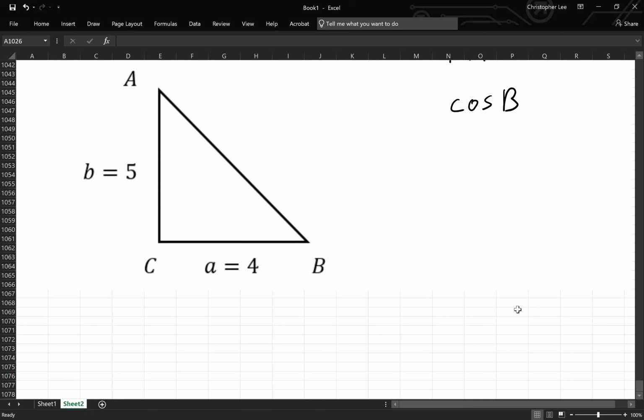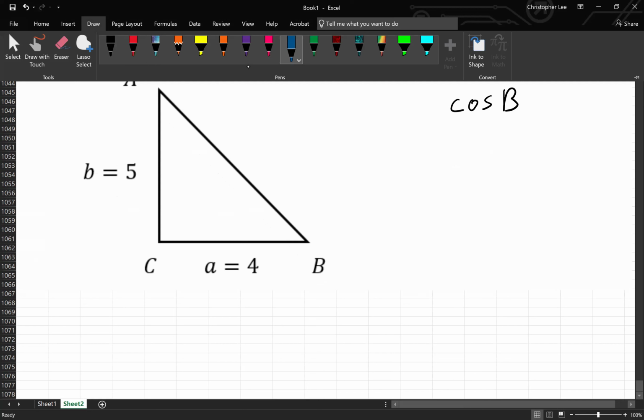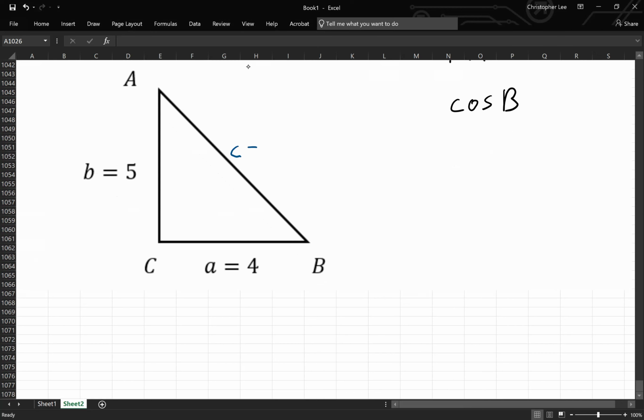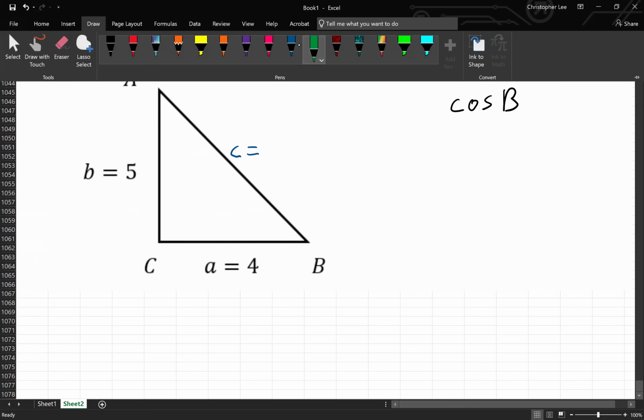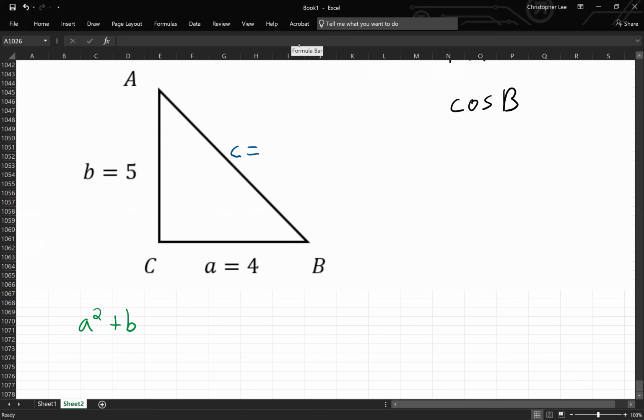I have another side over here, the hypotenuse. I want to figure out what C is. How can I do that? Very good. I could use a squared plus b squared equals c squared, right?